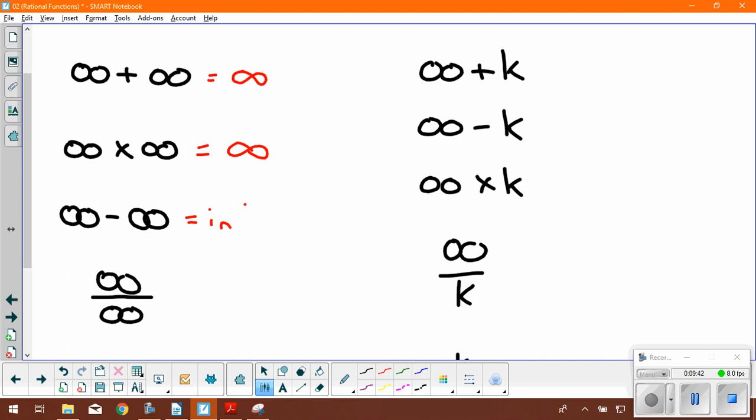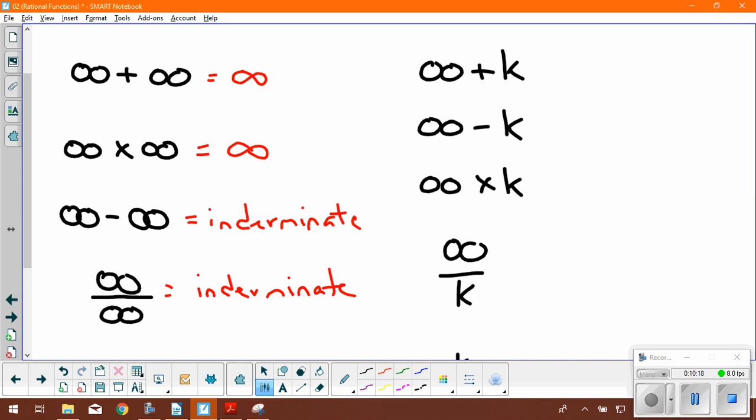Okay, subtracting and dividing infinity over infinity are what we call indeterminate forms. Okay, and the reason for that is even though it has the same symbol there twice, right? Infinity minus infinity. It's not necessarily true that they're the exact same size. Okay, so I don't really know what's going on there. Same with the dividing. It's hard to compare them that way.